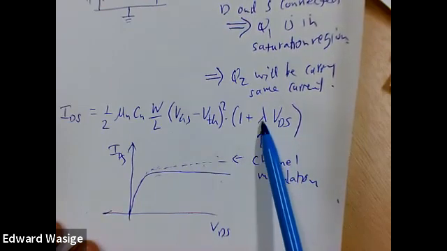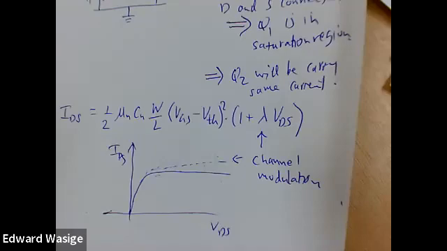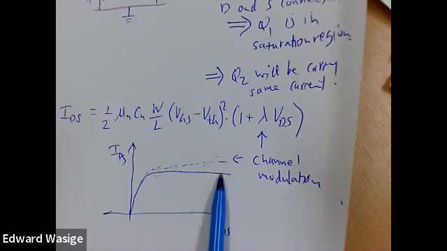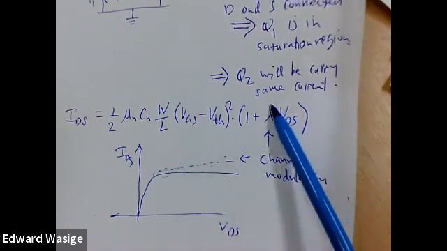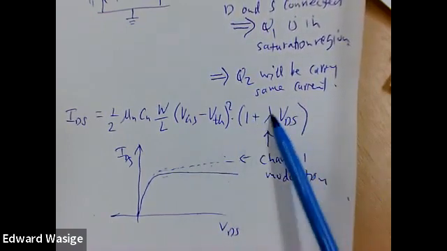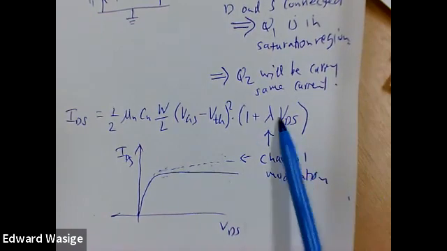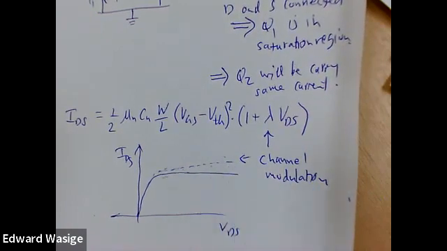And that is called channel modulation. We didn't discuss this in detail because we really didn't need to. Some of you have already done this previously, and it's something you can study on your own to fill up on what needs filling up. So in actual transistors, especially short channel transistors, in the active region, the current will not remain flat with increasing VDS. That's captured by this expression, or there's some variation with VDS. And we call that channel modulation.